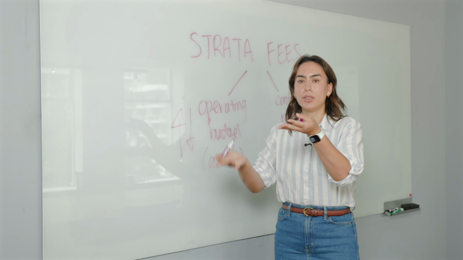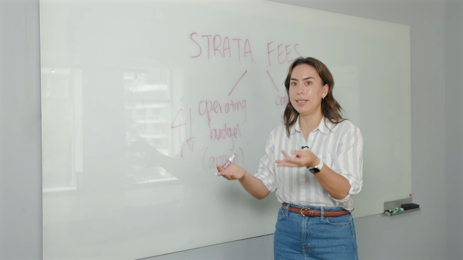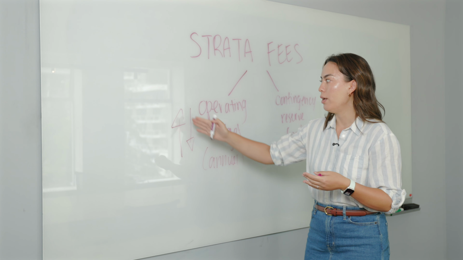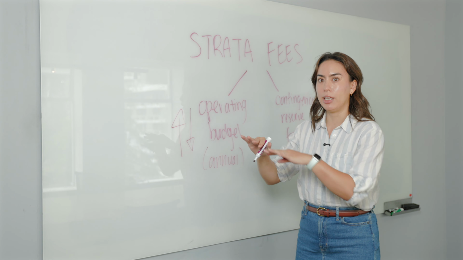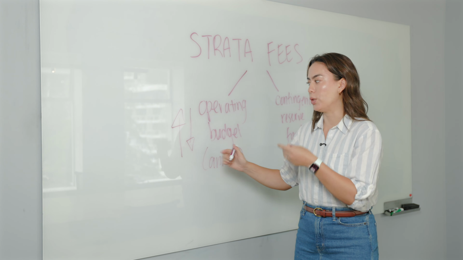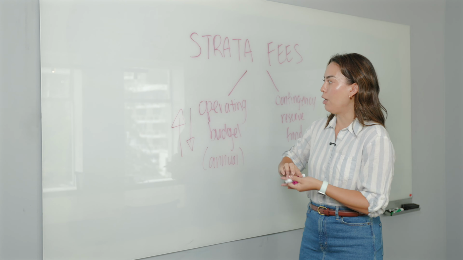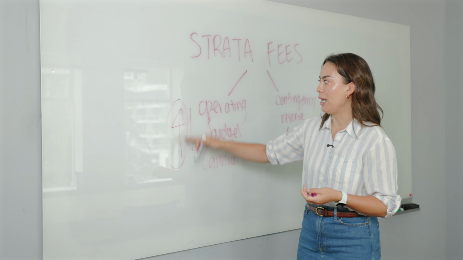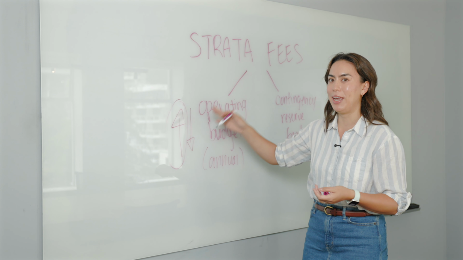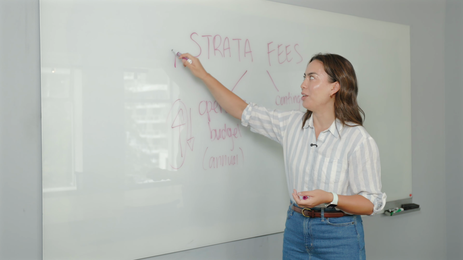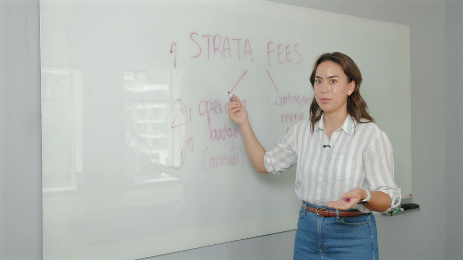So those lines are essentially accounting where they balance it and then determine whether or not the operating budget is increasing, roughly staying the same, or decreasing. So you can see that if your annual operating budget is increasing and your strata fees pay this annual operating budget, then you can expect your strata fees to increase.